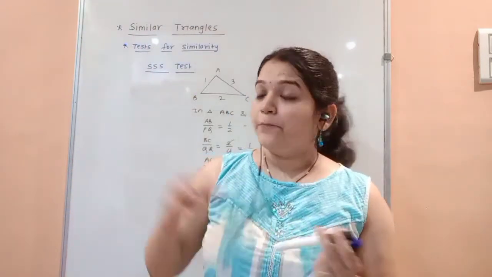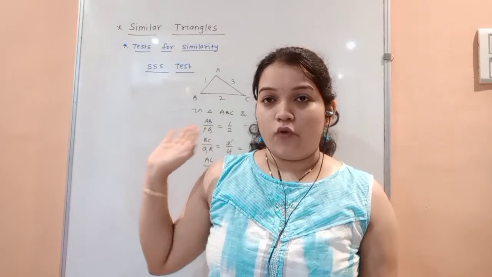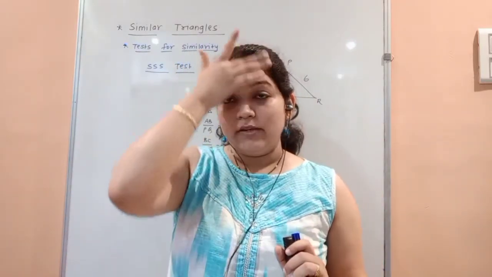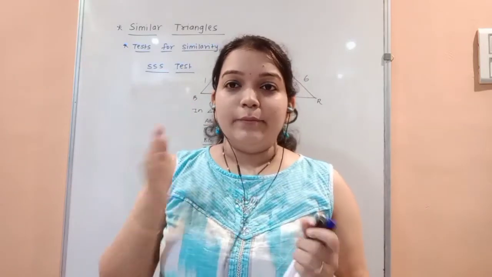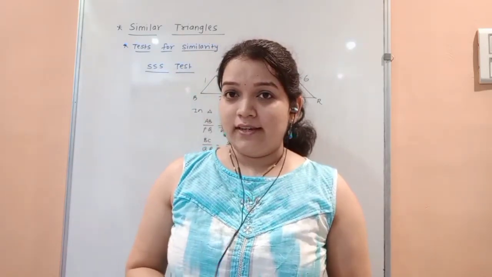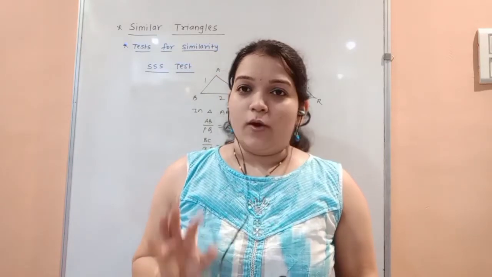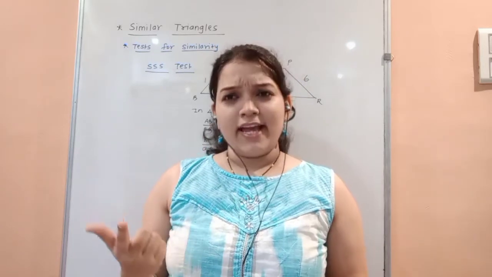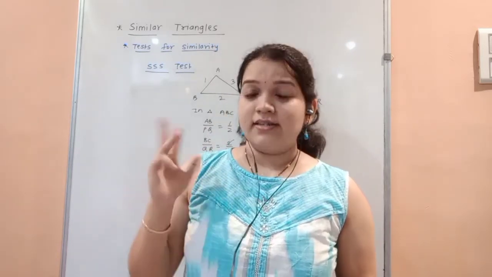So these are some tests for similarity of two triangles. By using these tests, we can prove the two triangles are similar to each other. Is this thing clear to you, students? Now, how many tests we have studied here? AA test, SAS test and SSS test.